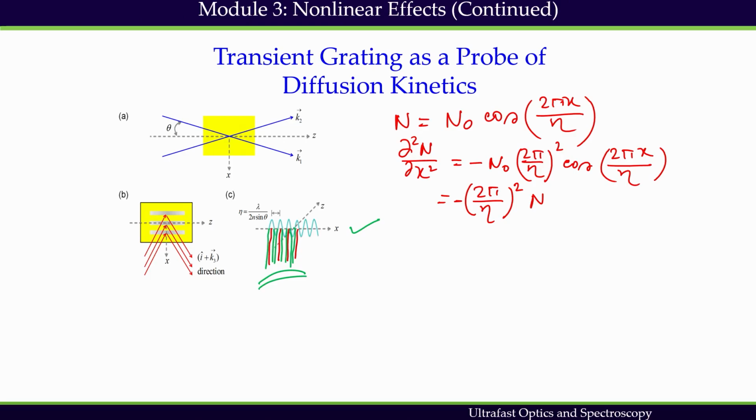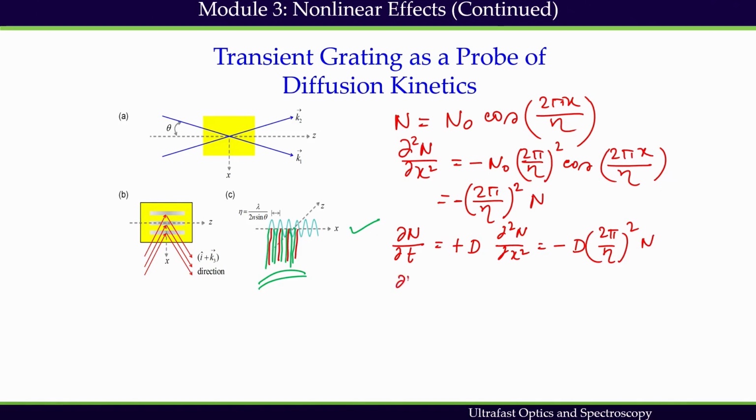Now we know the Einstein diffusion equation, that is going to be dn dt equals the diffusion constant D times the partial derivative d2n dx2. This can be written as minus D 2 pi by eta whole square n, and we can integrate this equation.